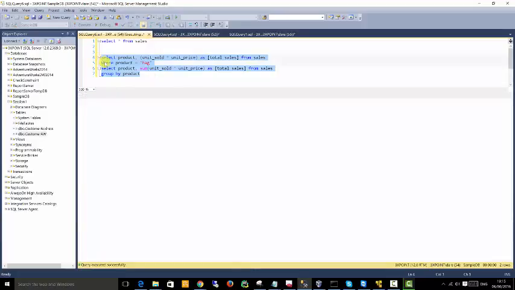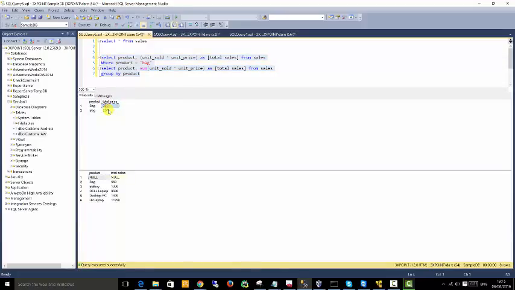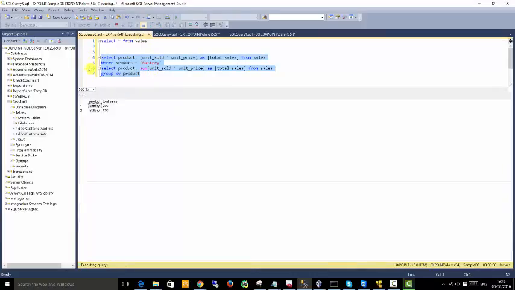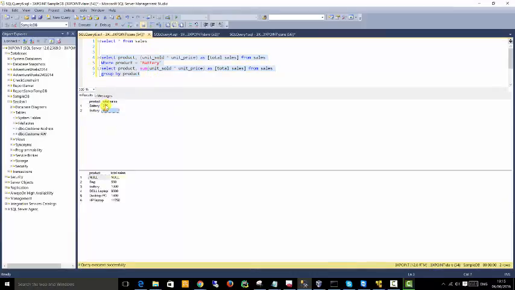So let's bring back both. All right, so now you can see we have two bags, and then 350 plus 200 is 550. If we did the same thing for battery, let's see what we get back. So 800 plus 200, we have 1000.